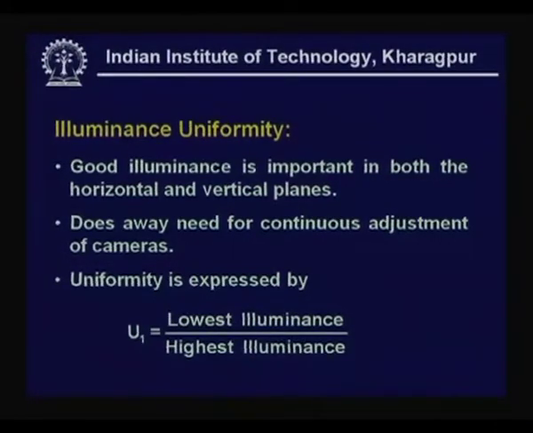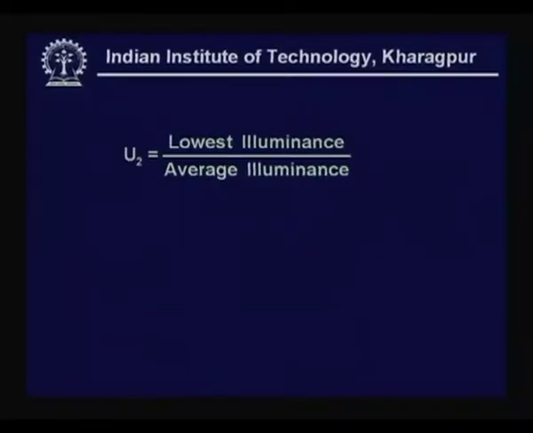The uniformity index 1, U sub 1, is defined as the ratio of lowest illuminance in the area to the highest illuminance. So, there are two uniformity indices, U sub 1 and U sub 2, the first one being the ratio of lowest illuminance to highest illuminance. The second one, which we call U sub 2, is the lowest illuminance to the average illuminance.